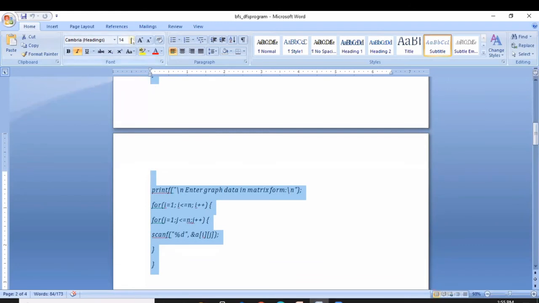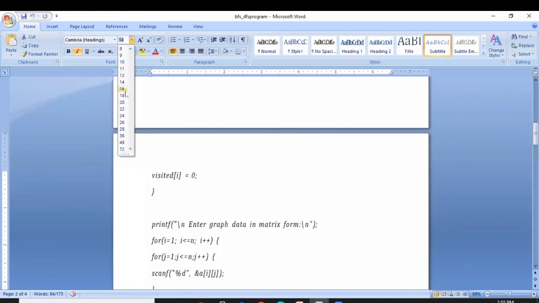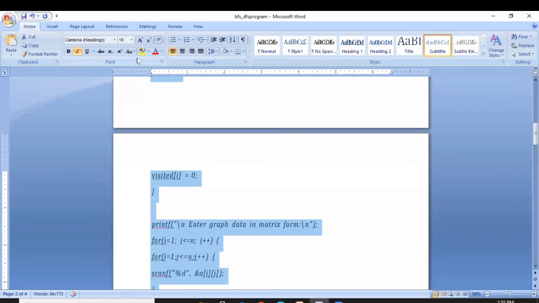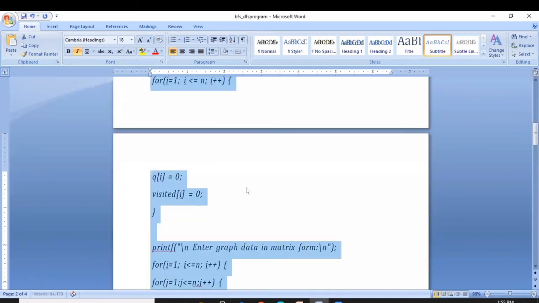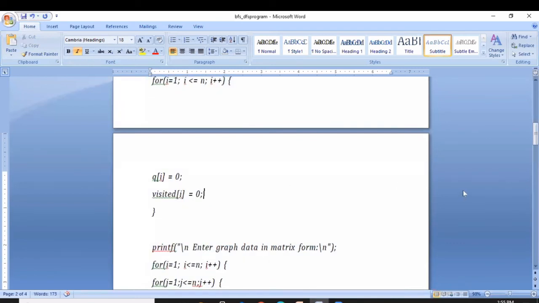I'll increase the font first. 18 is better. I got a question: ma'am, in which way should we connect, to the left or right? Whichever it may be, connecting left or right is okay. It's not a big question.